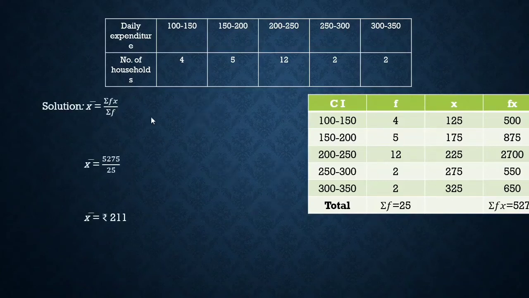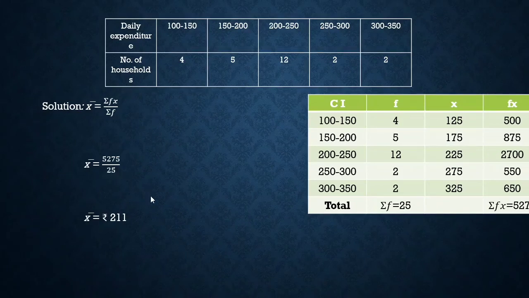So now to calculate the mean, use the formula summation fx by summation of f. We get 5275 divided by 25. So on division, we have mean x bar is equal to rupees 211. So on average, all these 25 houses spend 211 rupees each day on food.